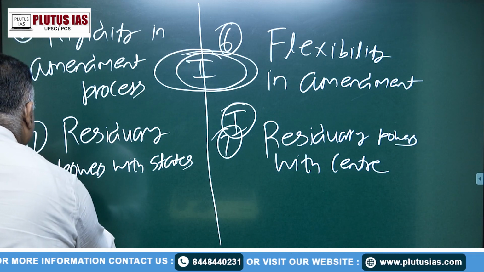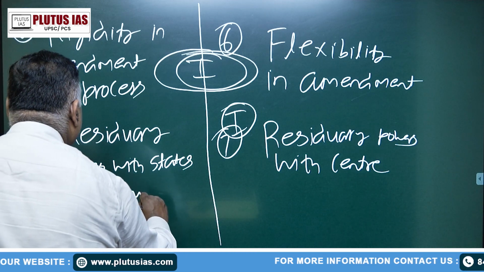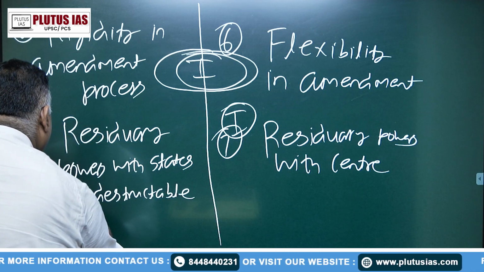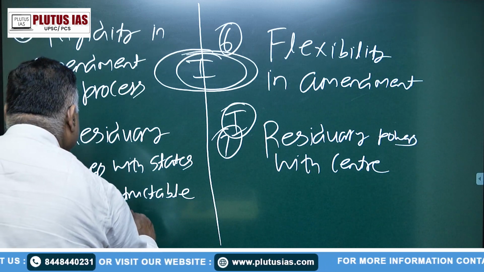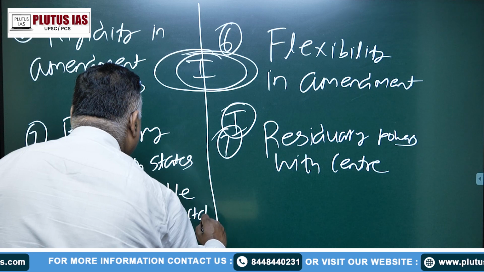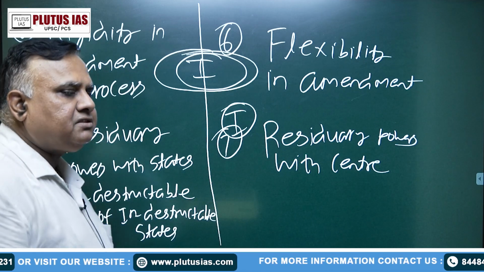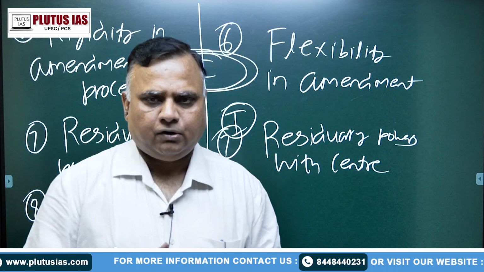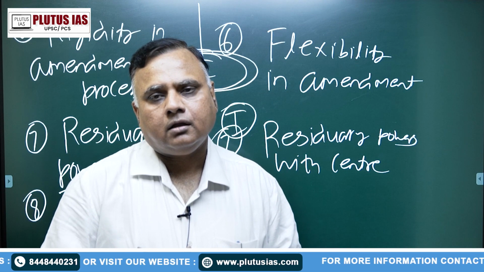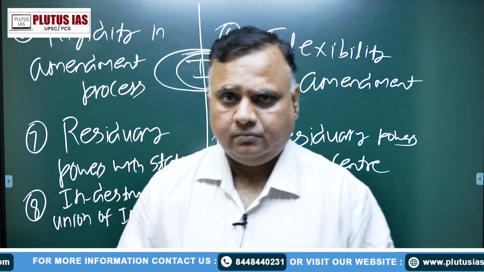Then, indestructible union of indestructible states. When I say indestructible, it means reorganization, meaning names, territories, boundaries of the states. Can it be changed by the center? Can a state veto the reorganization?